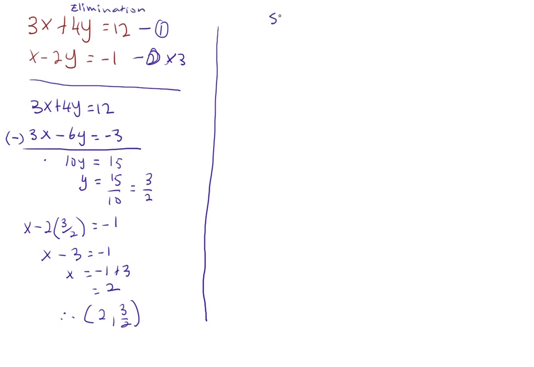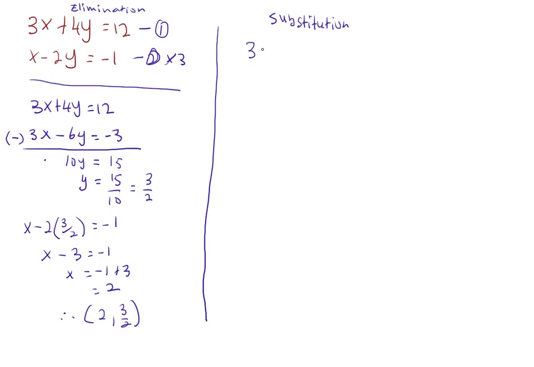Now I want to show you how to use the substitution method. Using the same example, the same system of equations, I want to use substitution. For substitution, you need to choose one unknown, x or y, from either of these two equations to make it the subject. For example, I would choose the second equation, and I want to choose x as our subject.